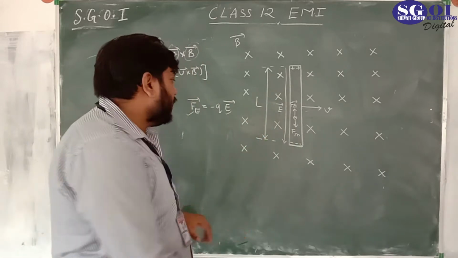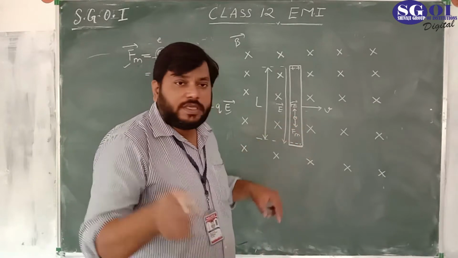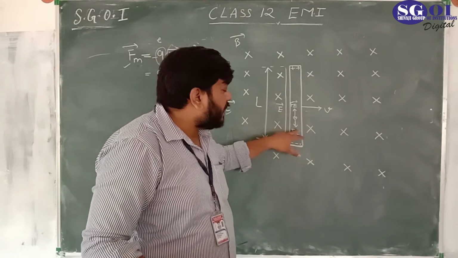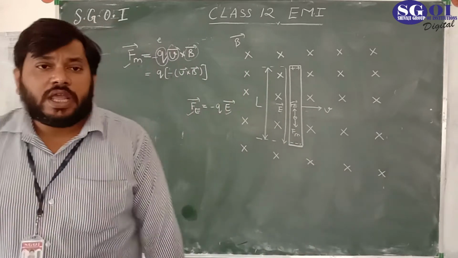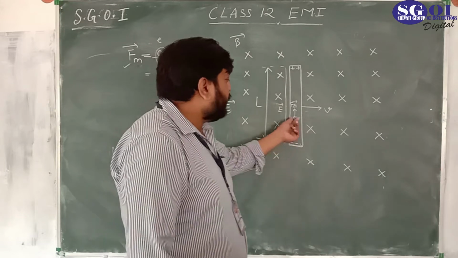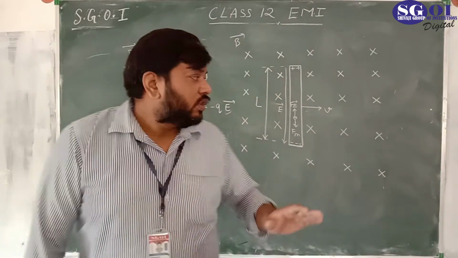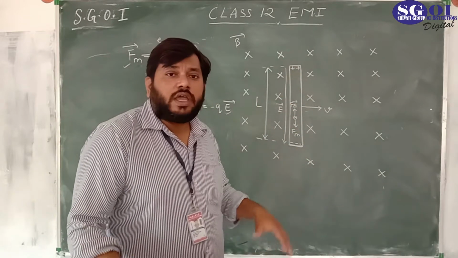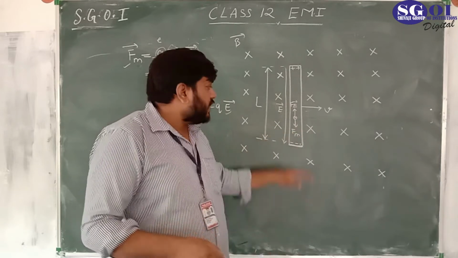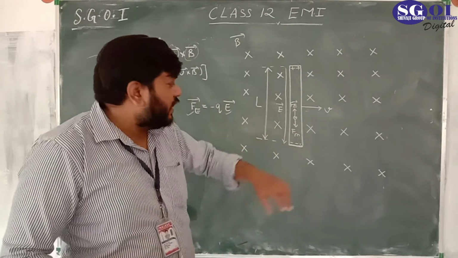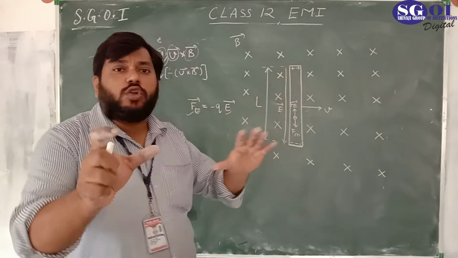At equilibrium, after some time interval, obviously the electric force and the magnetic force become equal, and at that time the net force on the electrons becomes zero. Now this accumulation stops when F_E equals F_m, and finally a potential difference is created at equilibrium.